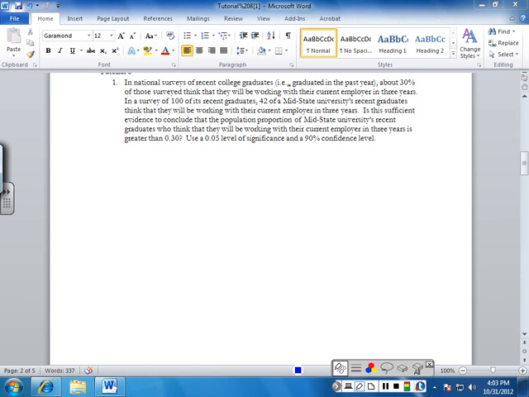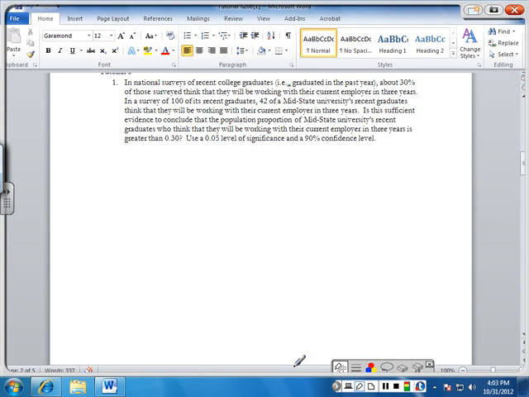At any rate, I can see that the sample size is 100. I can see that the number of yeses was 42. That means the sample proportion is 42 out of 100, or 0.42.